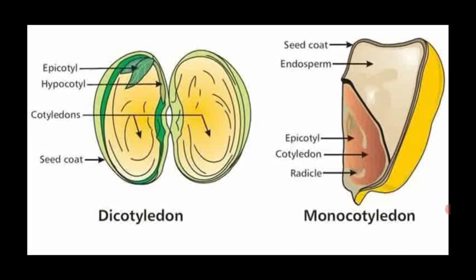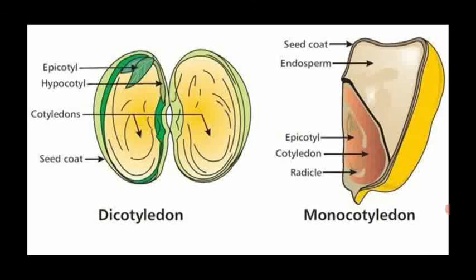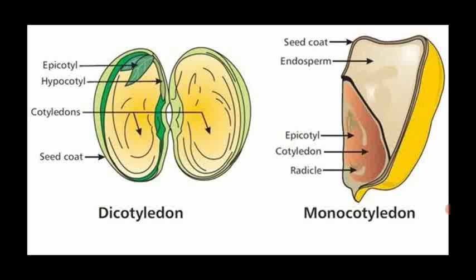Cotyledons give nourishment to the growing embryo in dicot seed, but in monocot seed, the endosperm nourishes the growing embryo. That nourishing food material is absorbed by the cotyledon, only one cotyledon named scutellum, which absorbs the nutritive tissue from the endosperm via the epithelial tissue region.